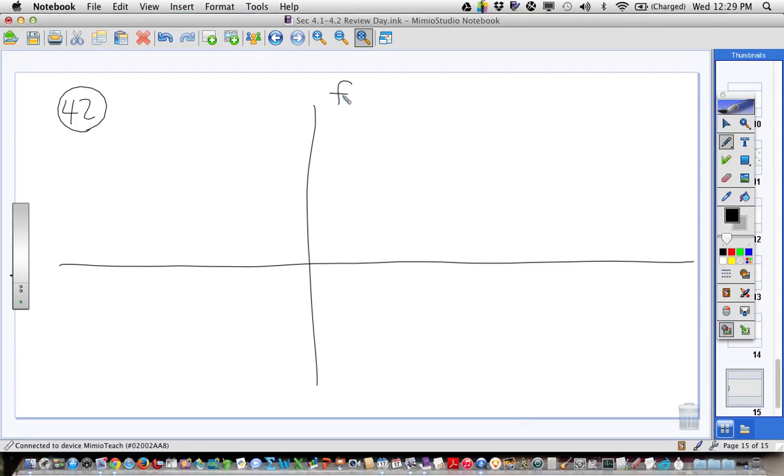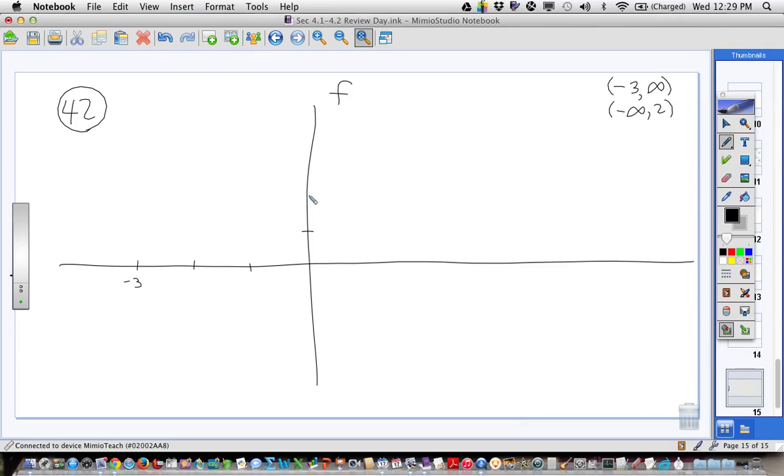Okay, so on this one, you're supposed to draw a graph of a possible function f that meets these criteria. What was the first one? The domain is -3 to infinity. So we're not going to go left of -3. All right, what else? Range is -infinity to 2.